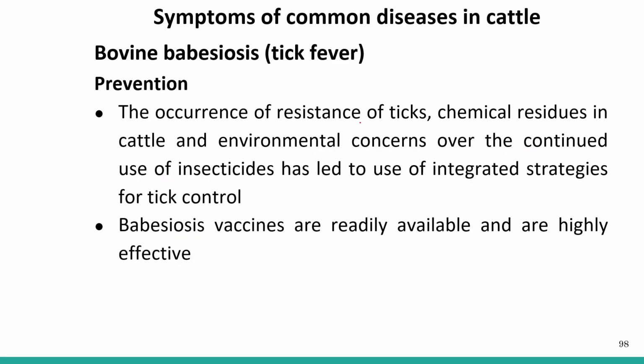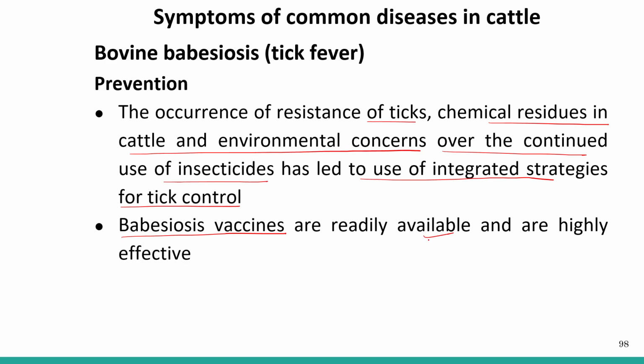The occurrence of resistance of ticks, chemical residues in the cattle, and the environmental concerns over the continued use of insecticide have led to the use of integrated strategies for tick control. Babesiosis vaccines are readily available and are highly effective. So for this particular disease, we have vaccines that we can give to our cattle.